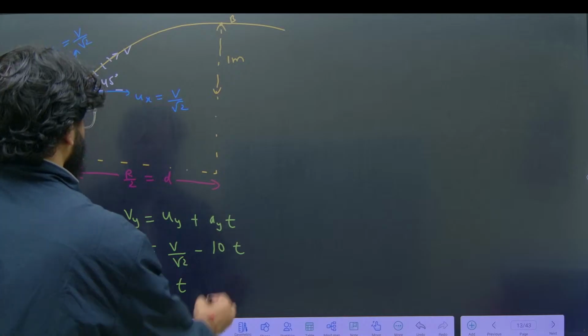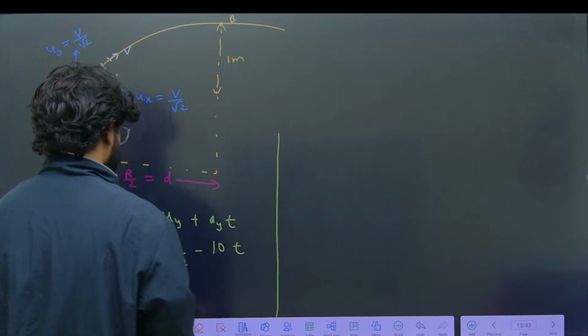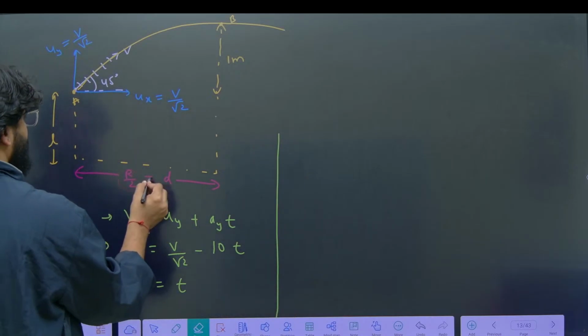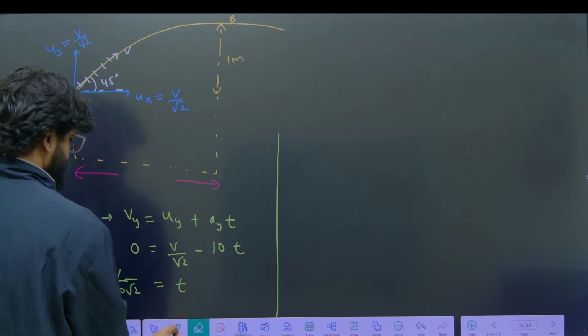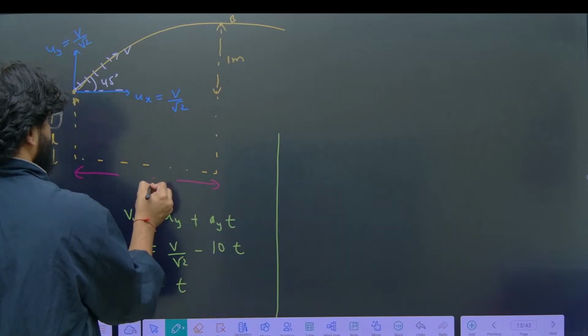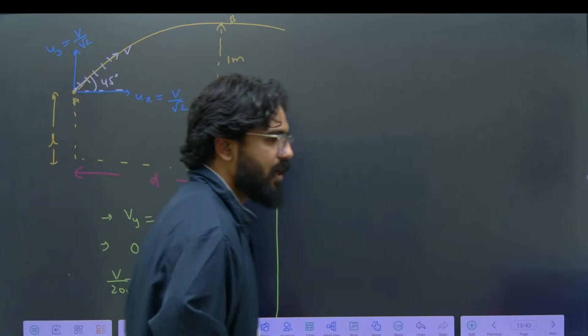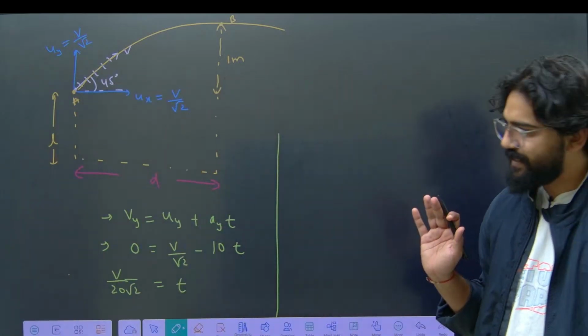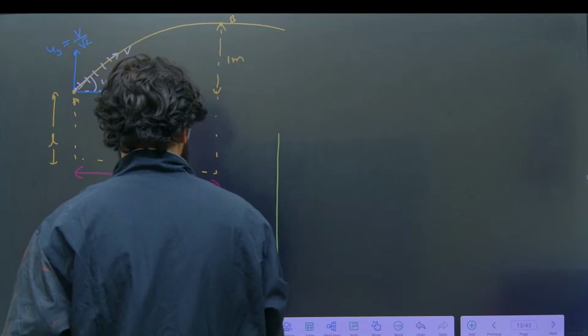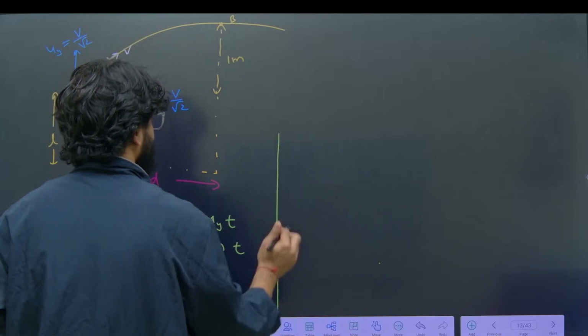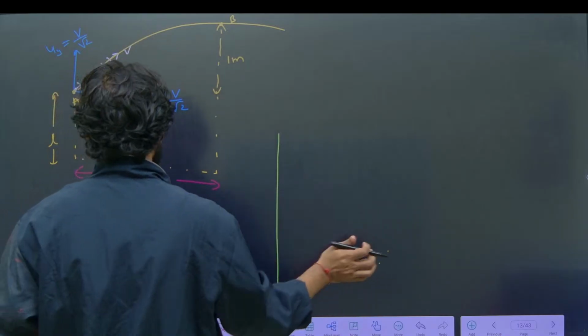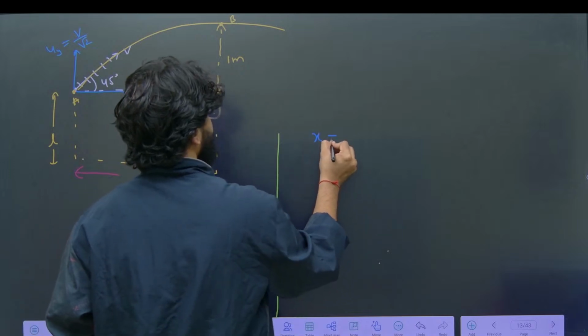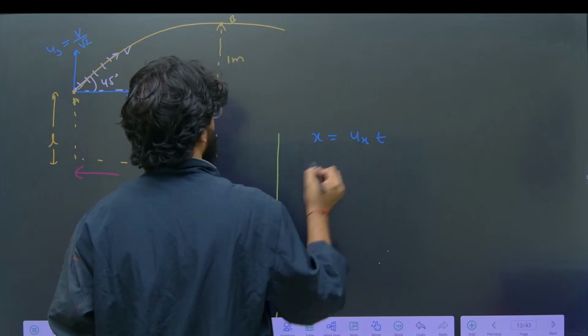Now we should not claim this as R by 2, because it will be misleading. We can only say that in this time the projectile has traveled distance D from here to here. So in the x direction, x equals ux into t.